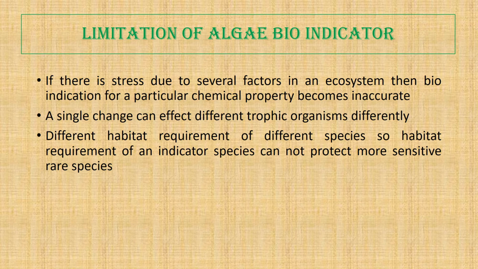What type of algae won't be present in the polluted water. What type of algae will be present in very unpolluted clean water. So we have to get this knowledge beforehand before we start using algae as a bioindicator.